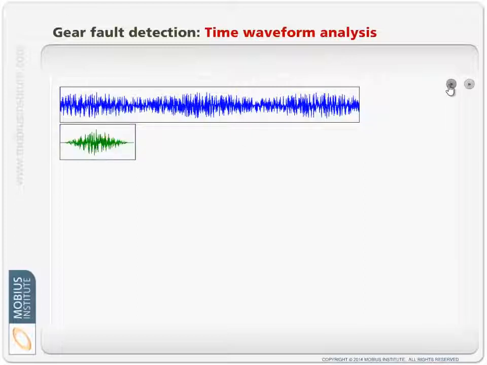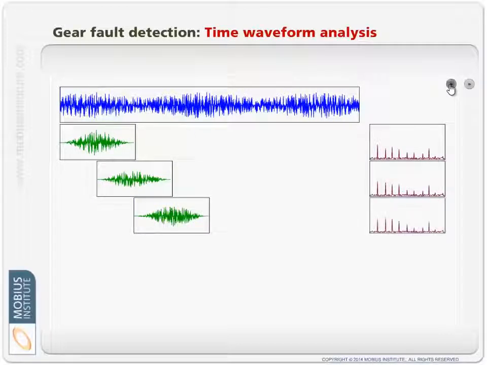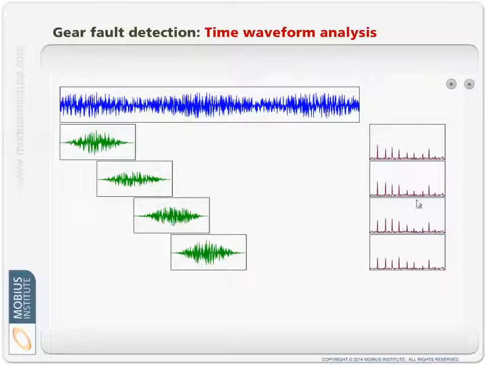So it grabs that, it windows it, calculates an FFT, and grabs another chunk, and there may be overlap, and it windows that and calculates another FFT, and does it again, and does it again, and we end up with these 4 time waveforms, and 4 spectra, and we average it together.